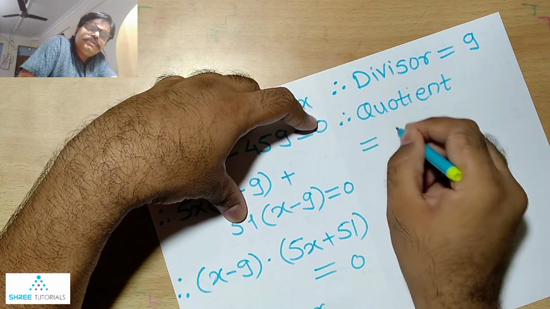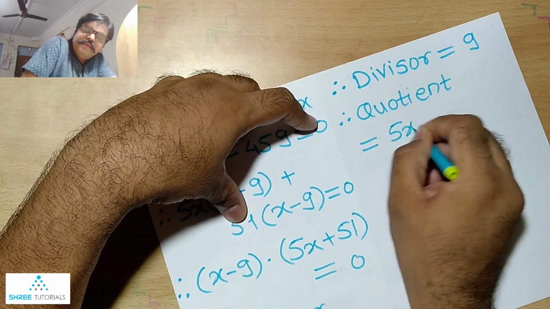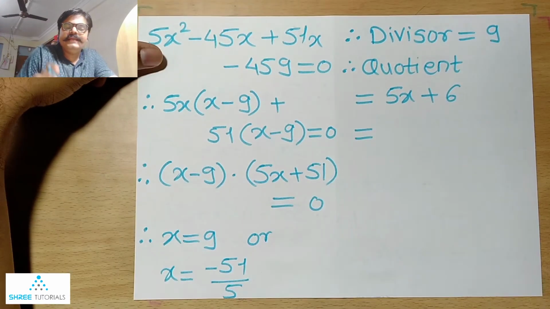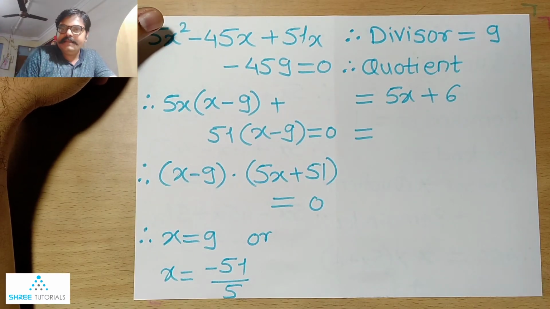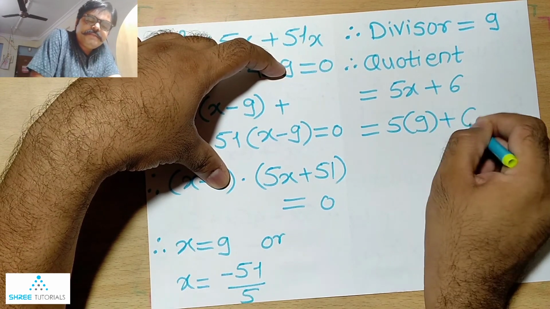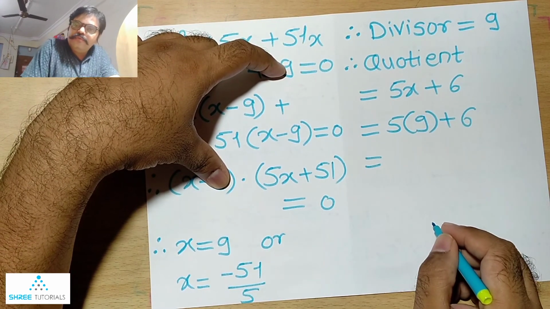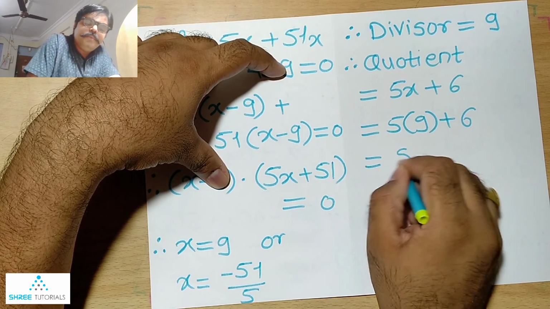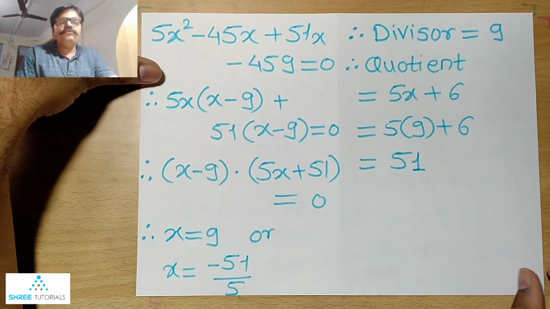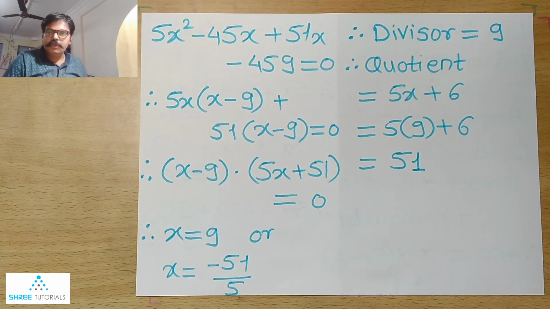What exactly the quotient is? It was simply 5x plus 6. Therefore in place of that x we are going to put that 9. So 5 multiplied by 9 plus 6, that means the value for the quotient will be simply 51. So friends, this is how we have got our divisor and quotient over here.